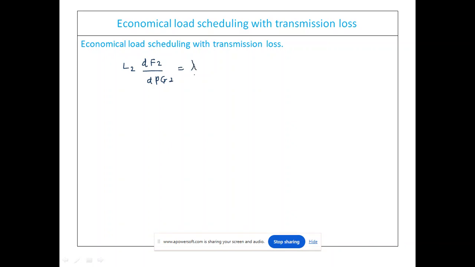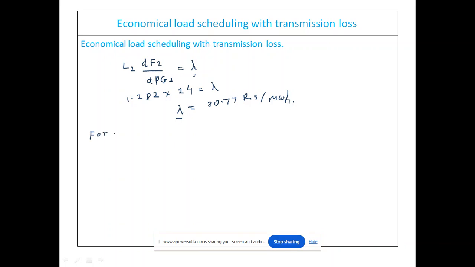Let us calculate lambda because we know L2 as well as this. The penalty factor for the second plant is 1.282, into the incremental cost for the second plant, 24, equal to lambda. So lambda we get as 30.77 rupees per megawatt hour. Please verify this answer. Now we go for plant 1.